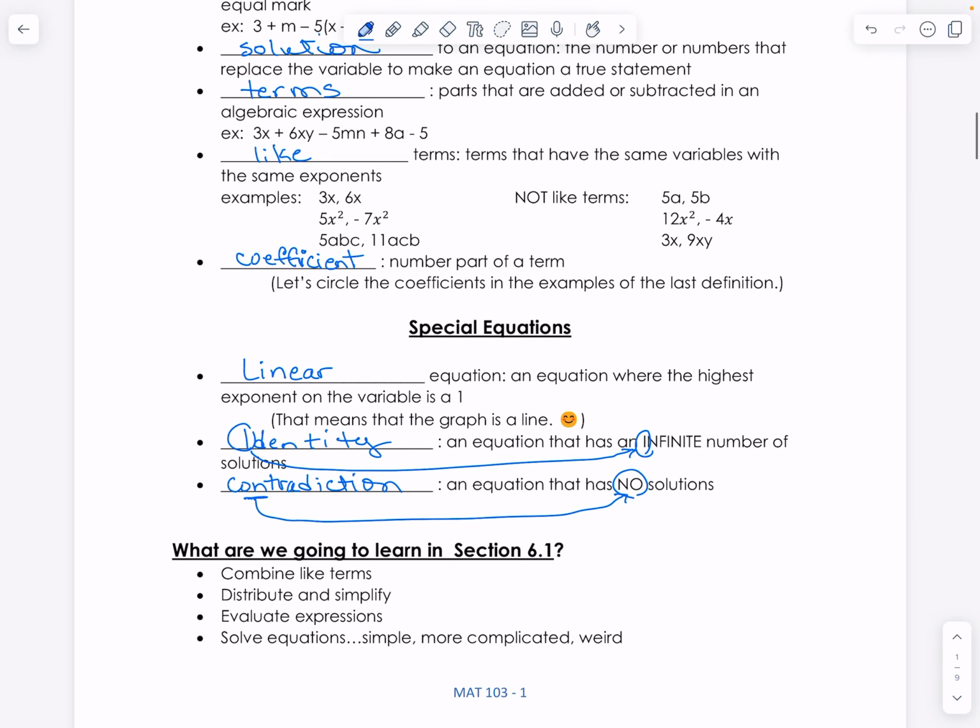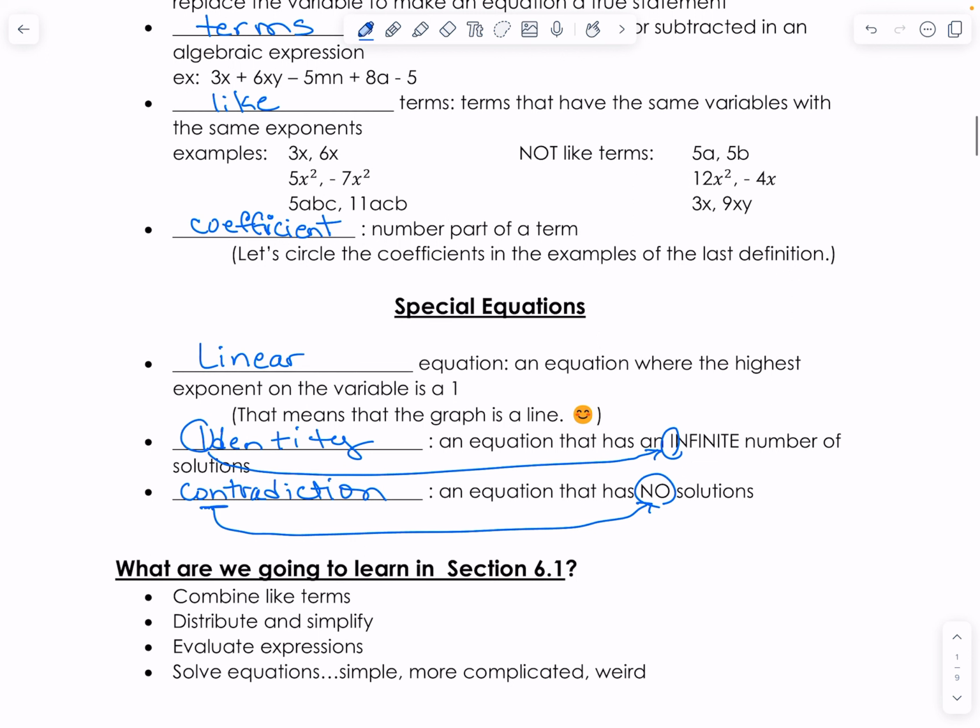There are two things that my lab talks about. It talks about linear equations. So linear equations are just those that if you graph it, it would make a line. So it wouldn't have an x squared or anything in it. Equations that have an infinite number of solutions, in other words, lots and lots of numbers would make it true, my lab calls that an identity equation.